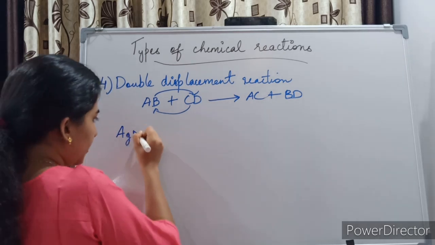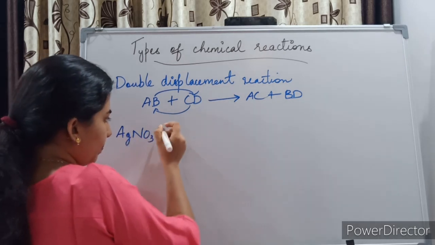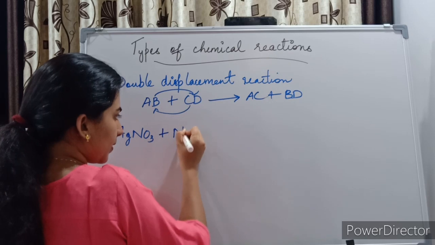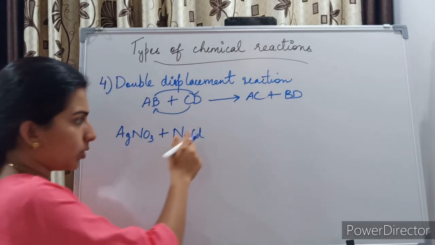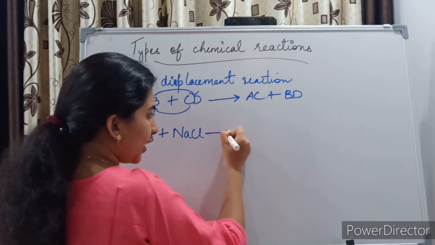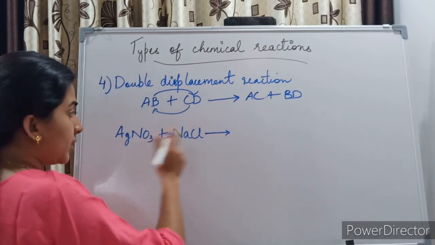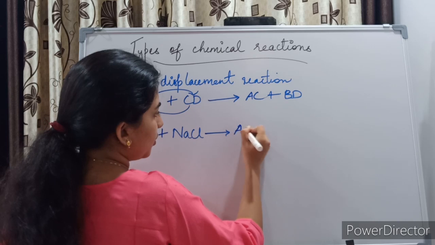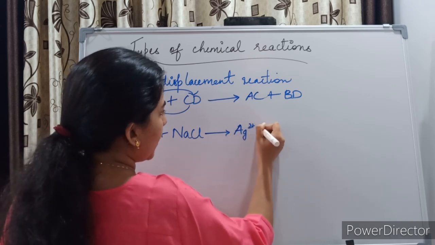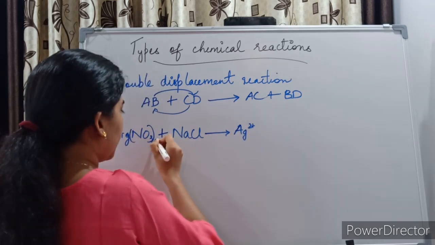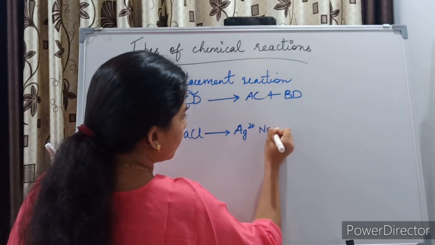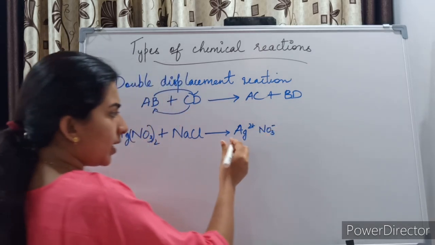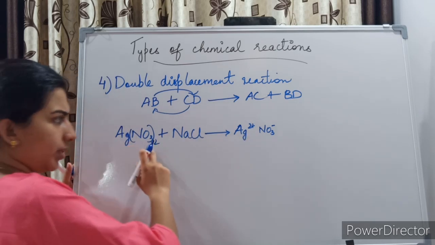Silver nitrate plus sodium chloride. So these are two compounds. First, write them in their ionic form. That is Ag+ and NO3-. This is the ionic form of AgNO3.